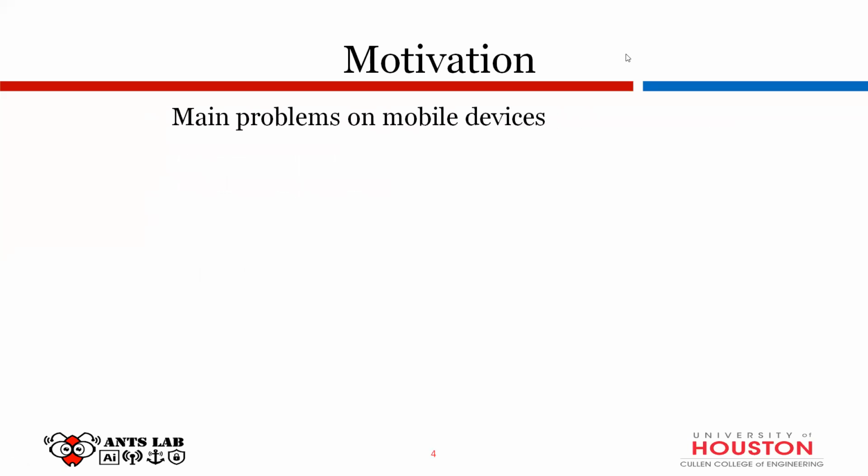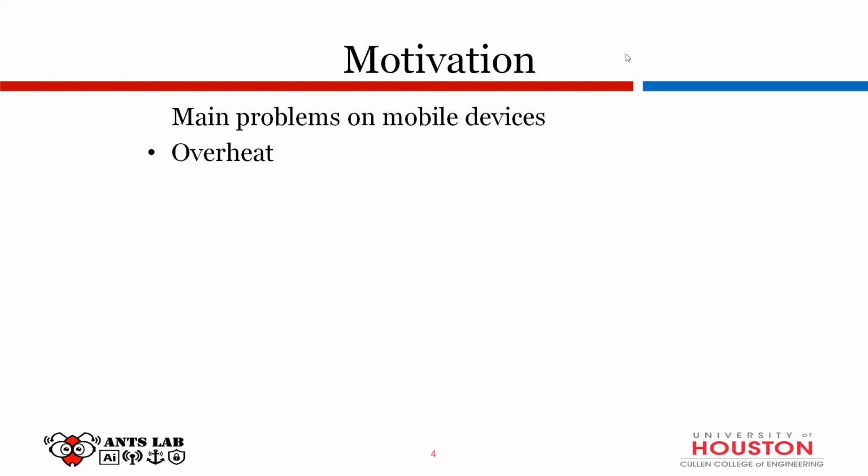So the main problem of those mobile devices is two problems. First is overheating. Let's say you play a game, and at some moment the cell phone starts to overheat, and it feels like it's burning, that could be an issue.